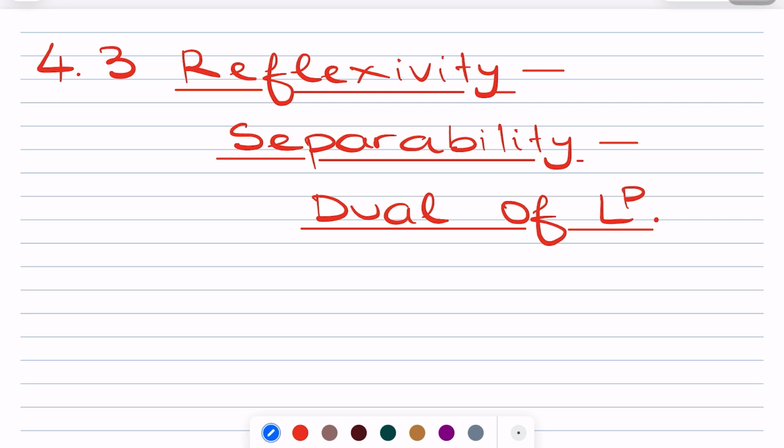So the star of the show today is LP spaces, and you might be wondering why. Well, because LP spaces are, I would say, the Swiss Army knife of mathematics. They are versatile and show up almost everywhere, from quantum mechanics to data analysis. LP spaces provide us with a robust framework to understand various aspects of mathematics.